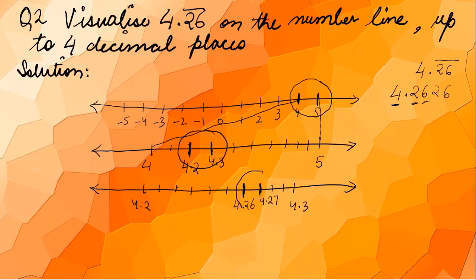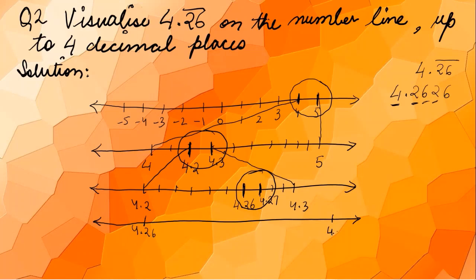So your magnifying glass is over here. And you can draw the line over here like this. This 4.3 we have taken. You can draw by scale, okay? Now after this, the number after 6 it is 2. So we will be taking over here 4.26 and this is your 4.27.